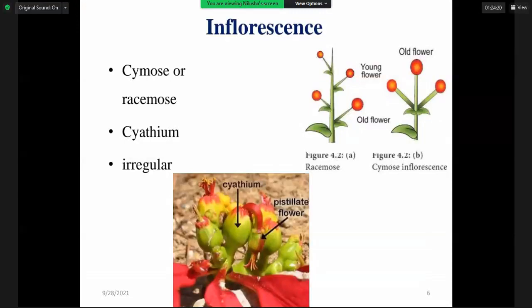The cyathium consists of 5 bracteoles, a female flower and male flowers. The inflorescence has irregular character in this Euphorbiaceae family. In this picture, you can see the cyathium inflorescence.